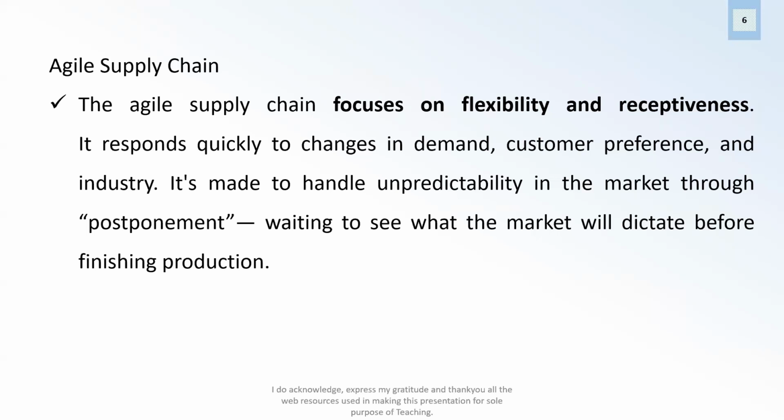Agile supply chain creates an environment, from raw material to finished good in the hands of the customer, that allows customer preference to be accommodated.